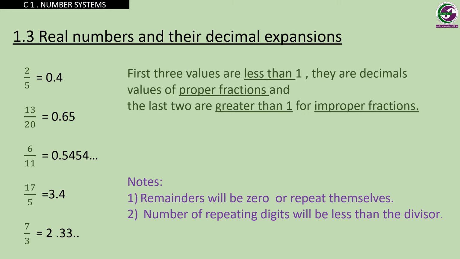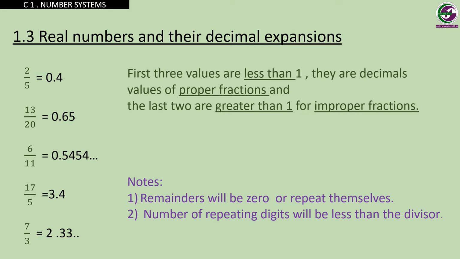We call it terminating. 0.65 is also terminating. 3.4 is also terminating. But 0.54 is a repeating number. 5454 is repeating. So this is one of the properties. The decimal value will either end or it will repeat.